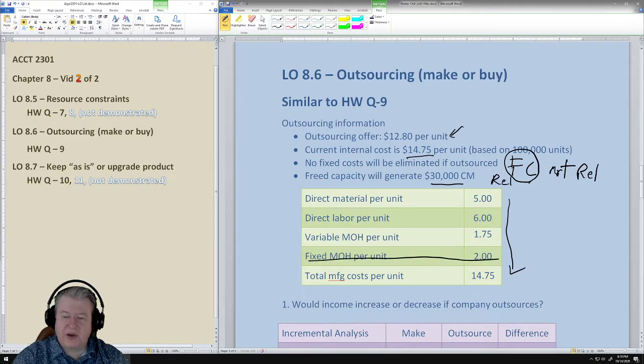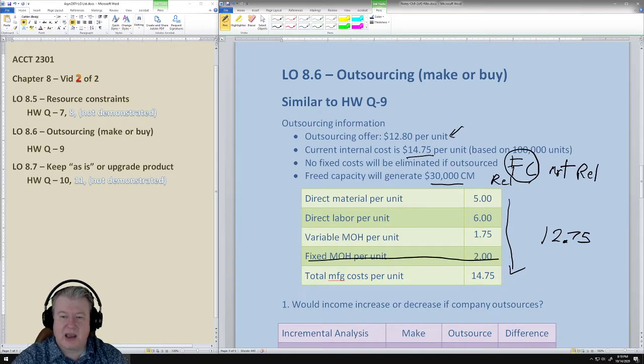So let's recalculate what our relevant costs are. Our relevant costs would be 1275, because remember, in this scenario it doesn't matter whether we outsource or not, we're still going to have all that fixed cost. So that's not a relevant piece of information.